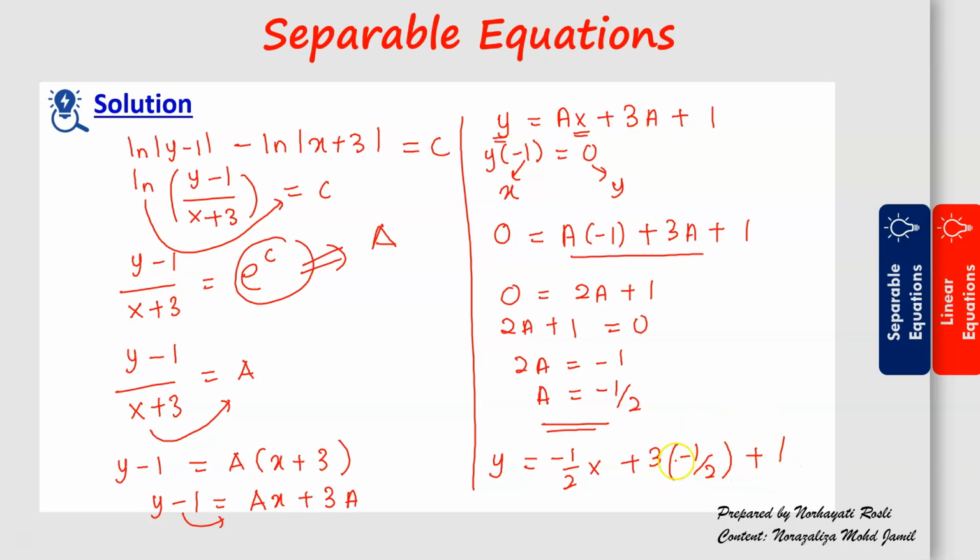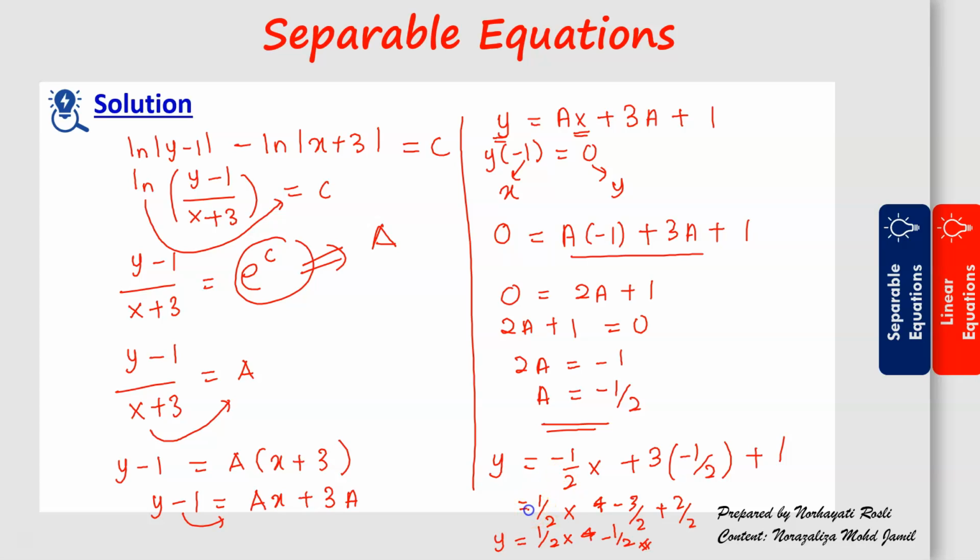In this case, you can solve this part, which is equal to 1 over 2x plus, minus, because here plus minus 3 over 2. This one make the denominator equal, so it is plus 2 over 2. So our final solution y equal to 1 over 2x plus, minus 1 over 2. So this is our final solution.